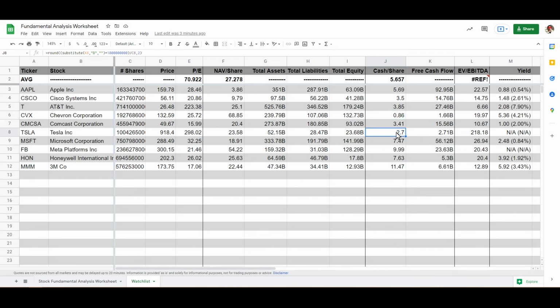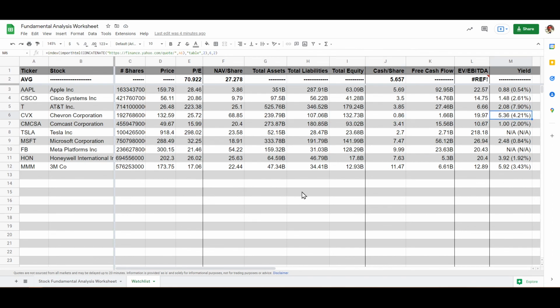Tesla also, which is really interesting. So you're seeing how the picture changes when you start to look at multiple different fundamentals. And then you account for all of these things, and you ask yourself, do you want a dividend to be paid? So maybe if it comes down to being between Tesla and Chevron, because we've got some different fundamental views, maybe you pick Chevron because its yield is really high.